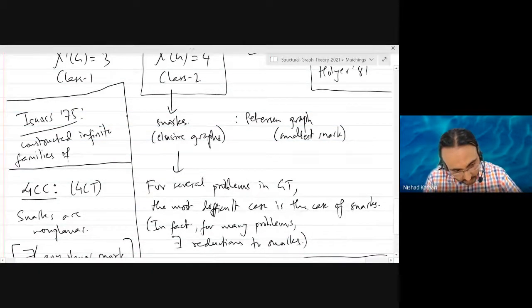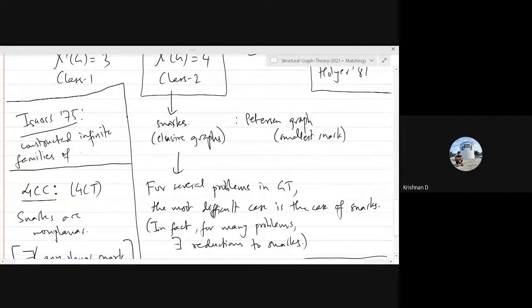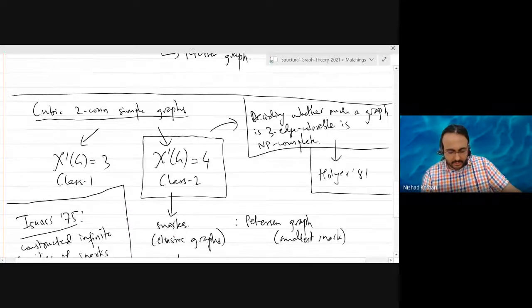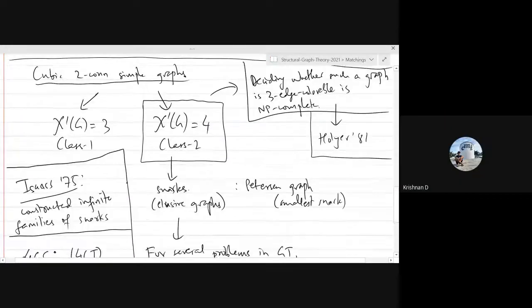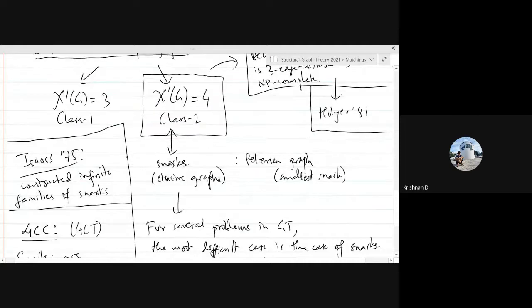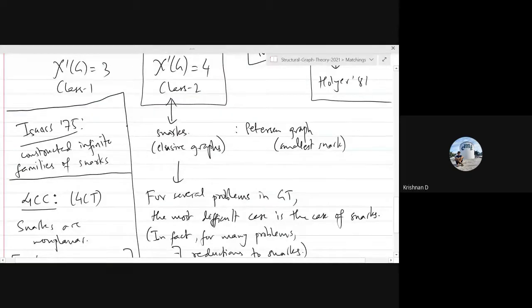Yeah, is there a question? Yeah, go ahead. So snarks are cubic, right? Right, by definition. And so the snarks are non-planar too. Right, so we saw that non-planar graphs have a subgraph which is a subdivision of K5 or K3,3.